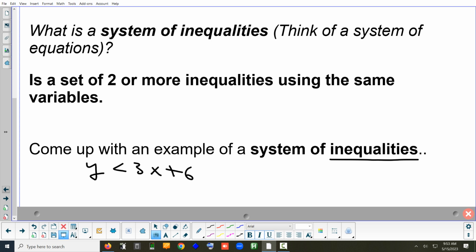Y is less than or equal to 6. Yeah, this is a special case. Remember, when you're missing one of the variables, it's special. It means it's either going to be horizontal or vertical. If you have both letters, it's going to be a diagonal, one way or the other. But yeah, that's a system of inequalities.